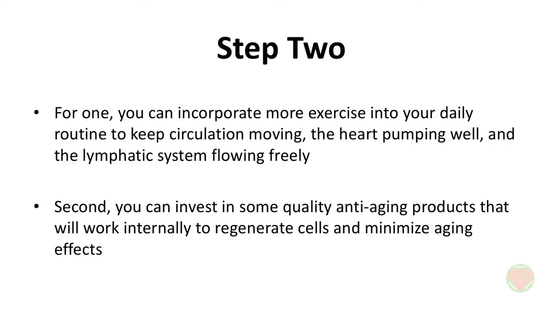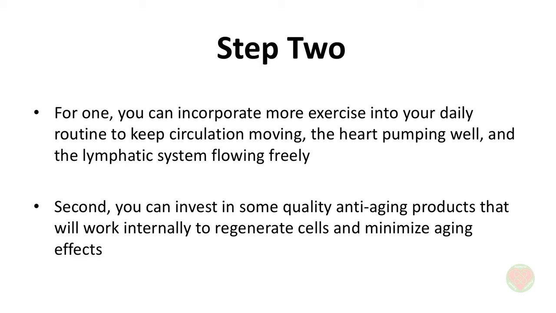Step 2. The second part of damage control involves preventing and reversing damage at the cellular level. This component of reverse aging may not be totally up to you, as factors promoting aging are genetically programmed in your cells. Having said that, there are still some proactive measures you can take to prevent damage at the cellular level.